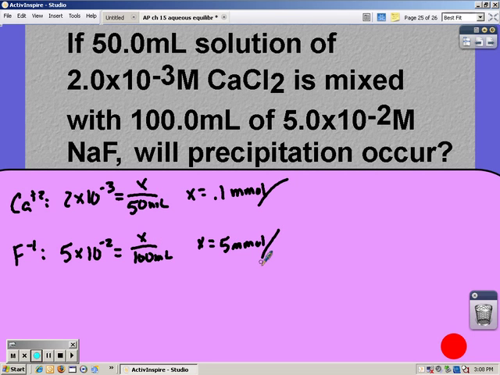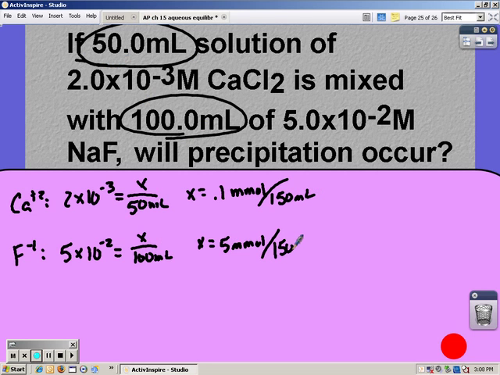Divide by total volume. And I get my starting concentrations.